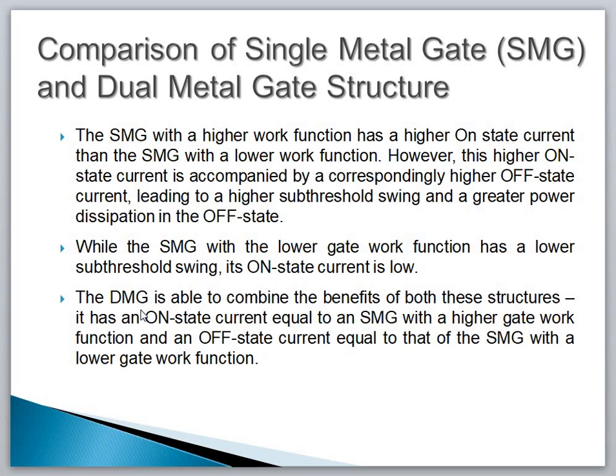It will improve the on current and simultaneously improve the sub-threshold swing of the device. It has an on state current equal to the single metal gate with a higher gate work function and an off state current equal to that of the single metal gate with a lower gate work function.